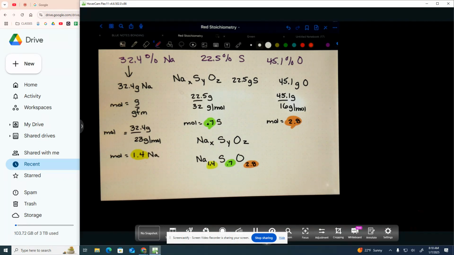Those are the mole numbers. But they are not in smallest whole numbers. So what do we do to fix that? Divide by the smallest one, and that happens to be 0.7. So we've got Na2. S is going to be 1, so I'll leave it out. O is going to be 4, Na2SO4. There's my empirical formula.